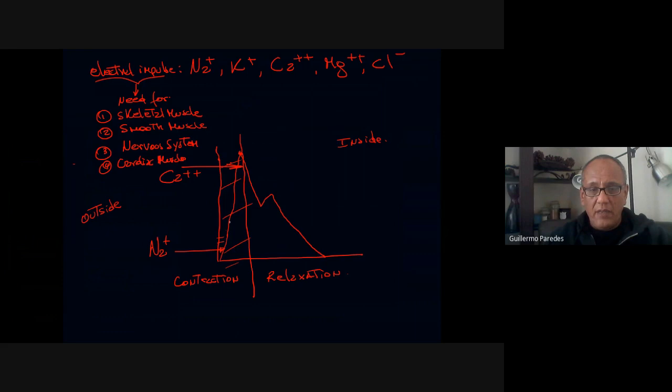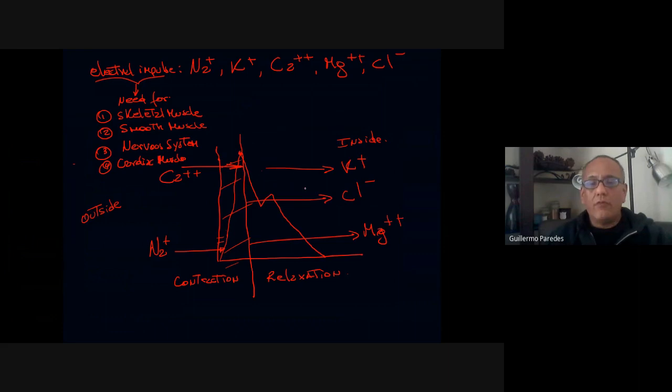When the contraction occurs, that's why I put this midline here, all this is the area of the contraction, then comes the area of the relaxation. And for this, it's going to come out the potassium, the chloride, and the magnesium.